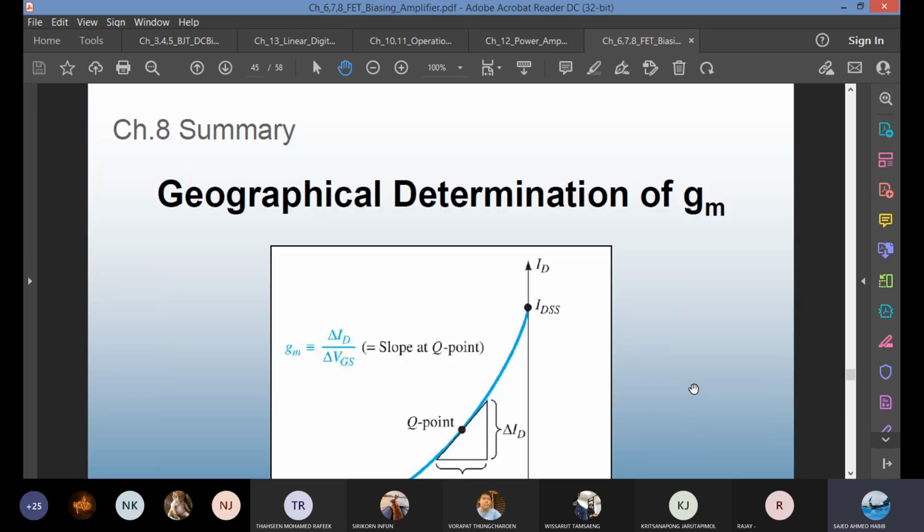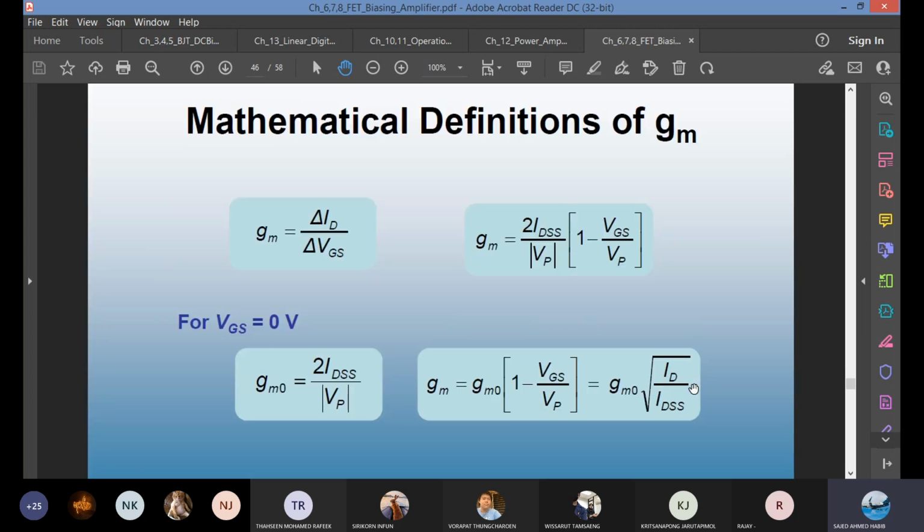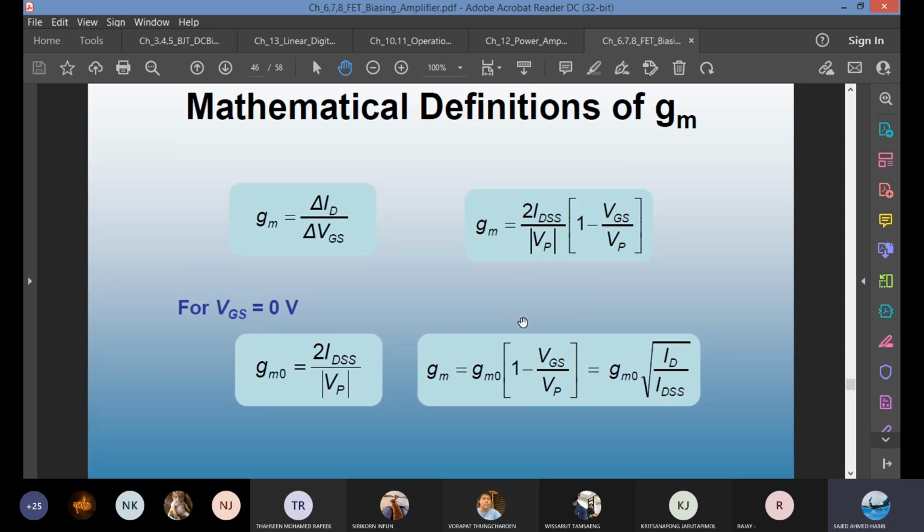An equation for GM is used frequently. GM equals GM0 times 1 minus VGS over VP, and GM0 is 2 IDSS over the absolute value of VP. This equation we use frequently for calculating some gain.